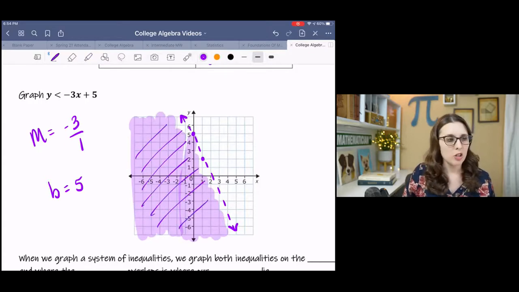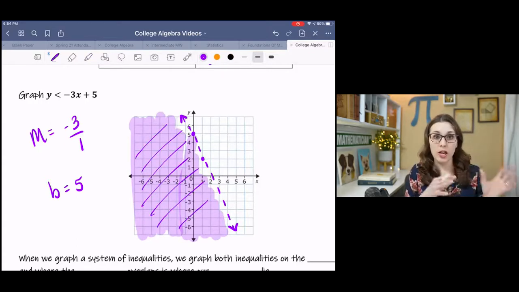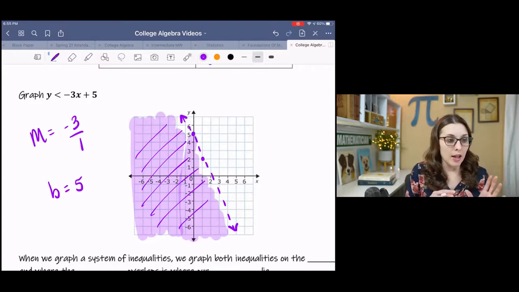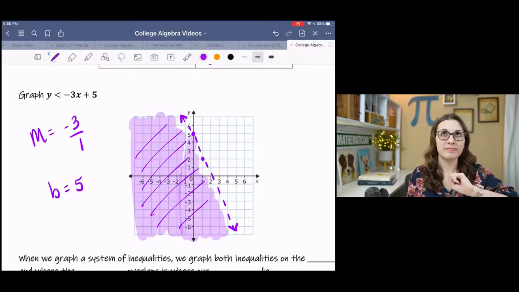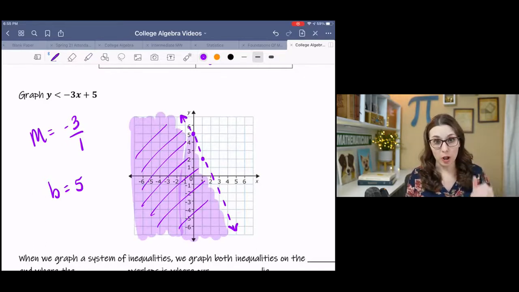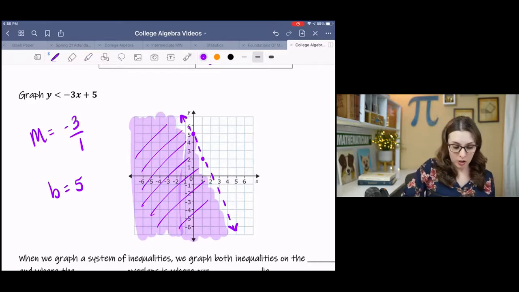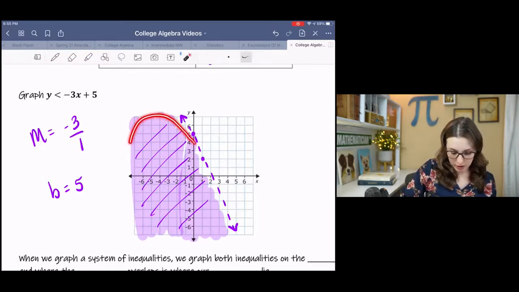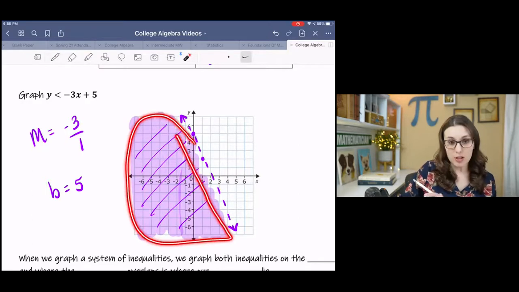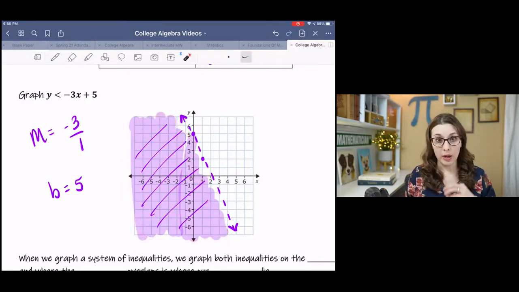That's fine, just to show that there's shading on this side. And what we're saying is all the solutions, coordinates, that's what I'm trying to say. All the coordinates below the line satisfy this inequality. So I could pick any point in this region and plug it into my inequality and it would be true.